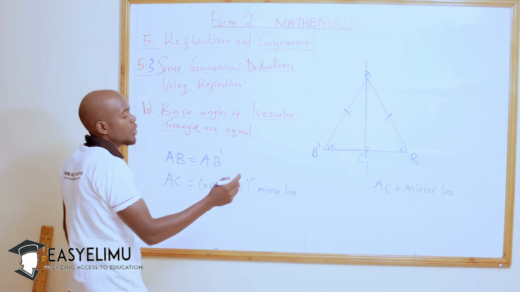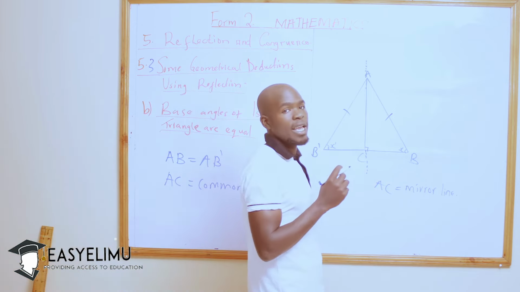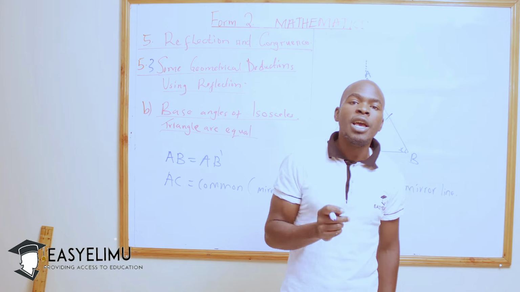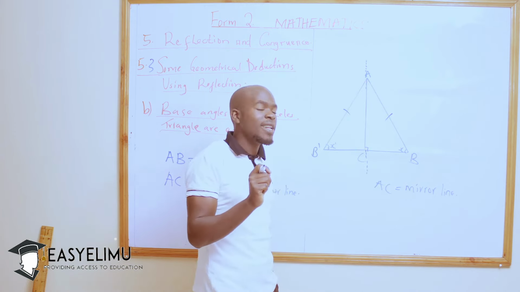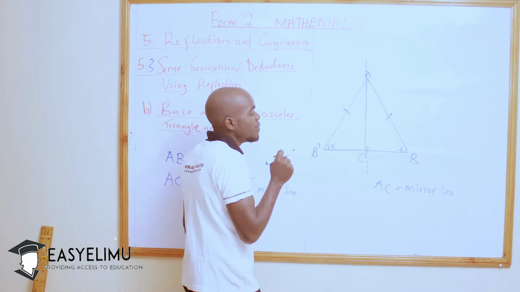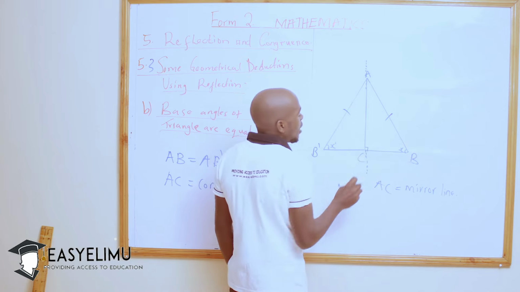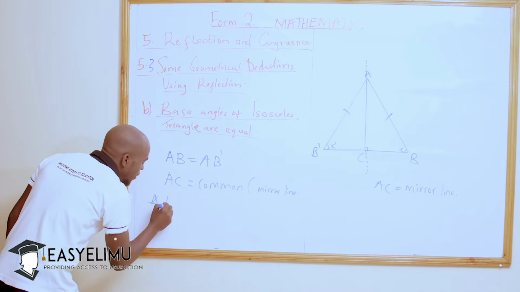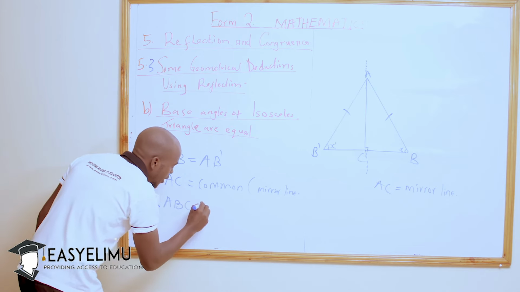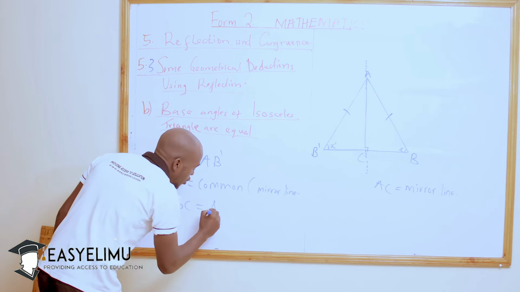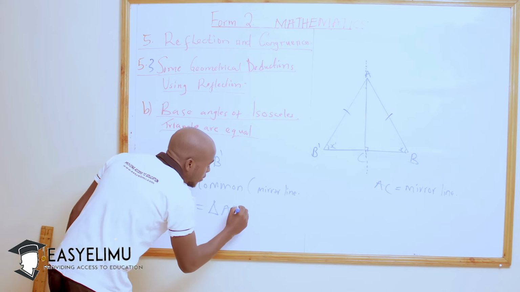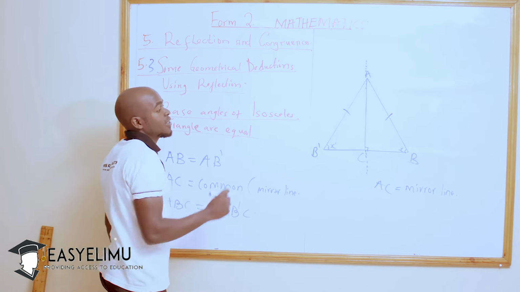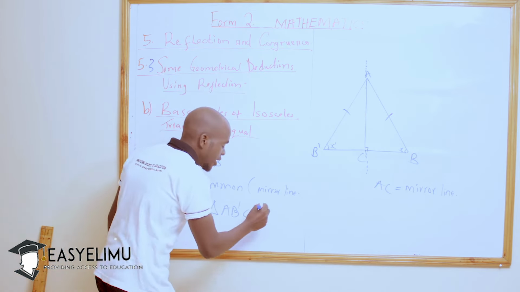And there, as we can also see, since we say that the object formed under reflection is the same as the image, then it really means that triangle ABC is equal to triangle AB prime C. As we can see, that is by reflection.